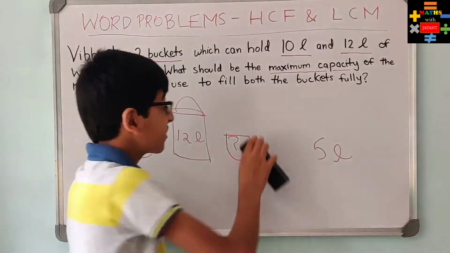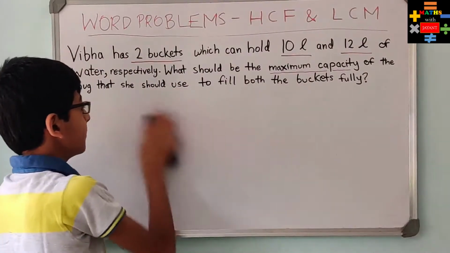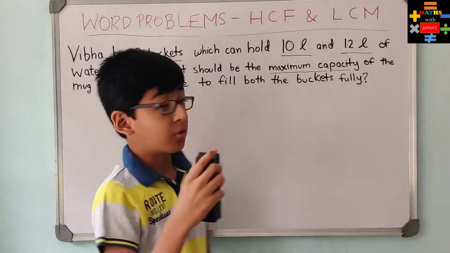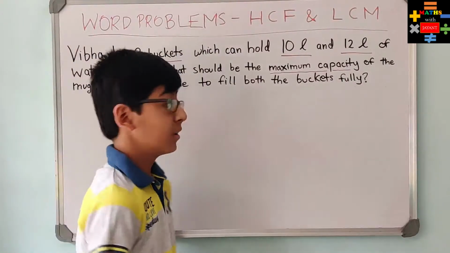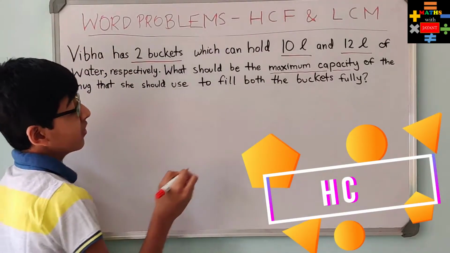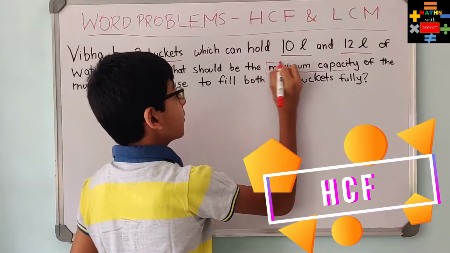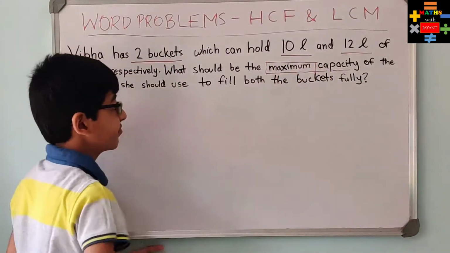It should be the maximum capacity of the mug to fill both the buckets fully, but there should be no water left over in the mug. So in these cases, you should find the HCF. And just giving you a clue, sometimes if you see the word maximum, it mostly means HCF.